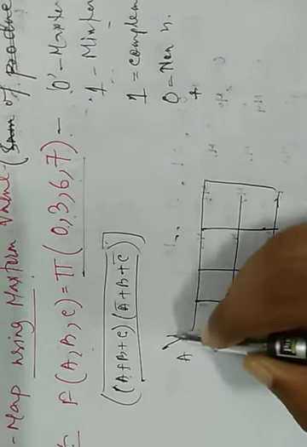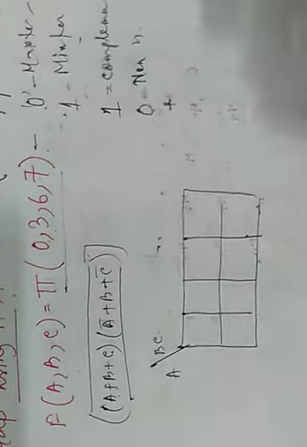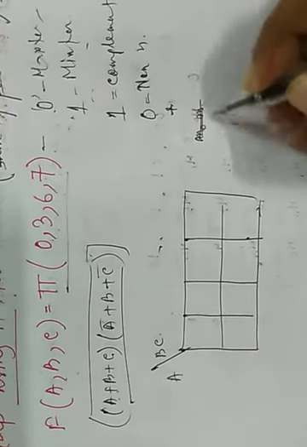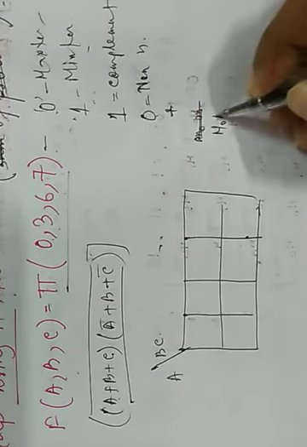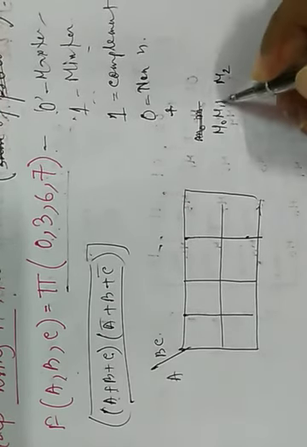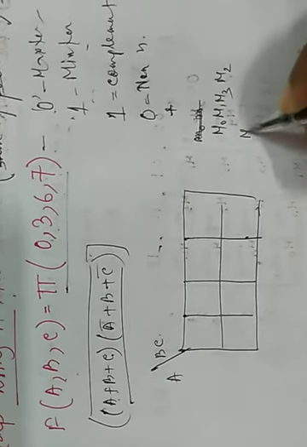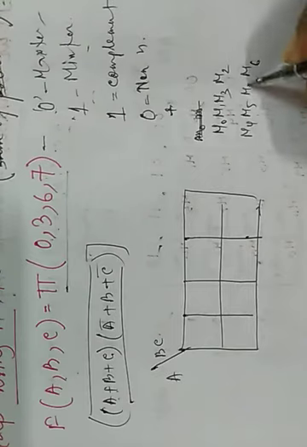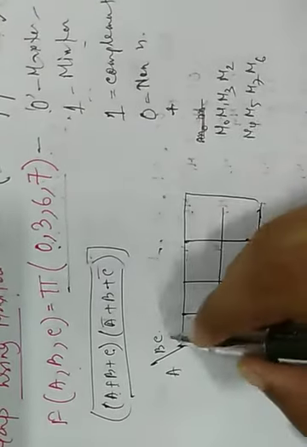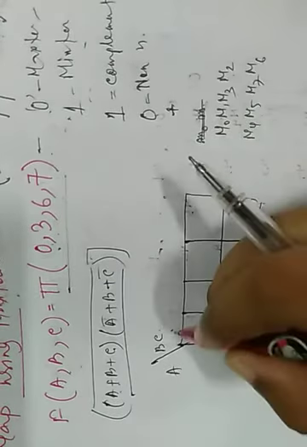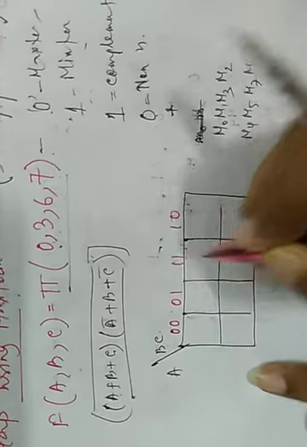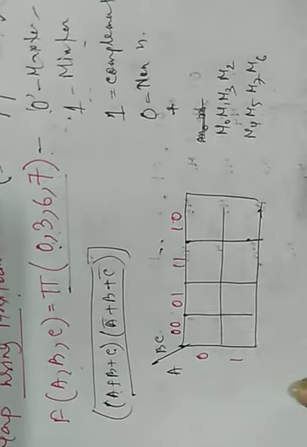A is written here, B is written here, and our values, we know M0, M1 as it is max term value: M0, M1, M2, M3, M4, M5, M6, M7. Okay, so here max term value is 0. Our values are 0, 0, 0, 1, 1, 0, 1, 1, and it is 0, 1.